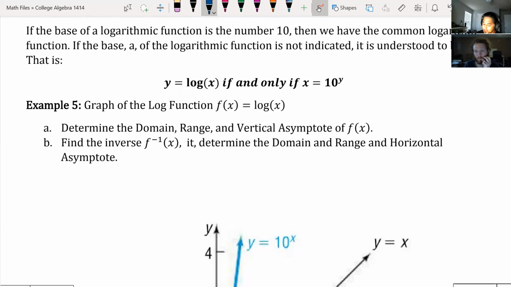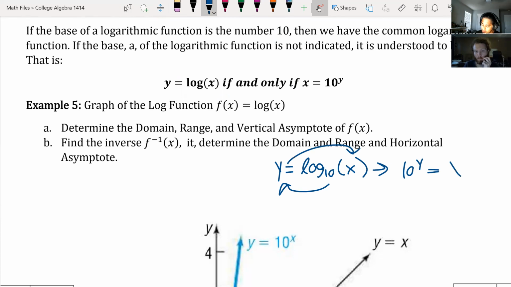If I put that base of 10 in here and convert to exponential, you'd get 10 to the y equals x. So we don't have to put the base in. If you just write log of x, it is understood that the base is 10.